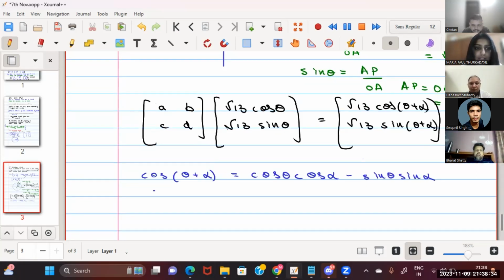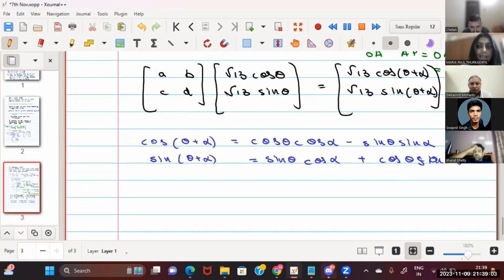And sine of theta plus alpha is sine theta cos alpha plus cos theta sine alpha. Sorry, I got the formula wrong earlier, that was a mistake.